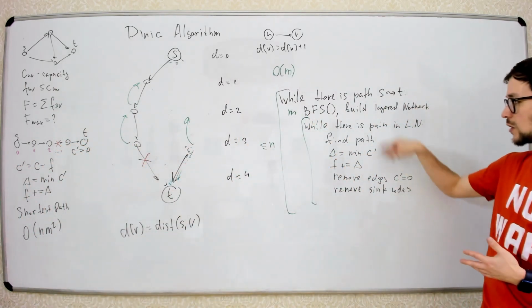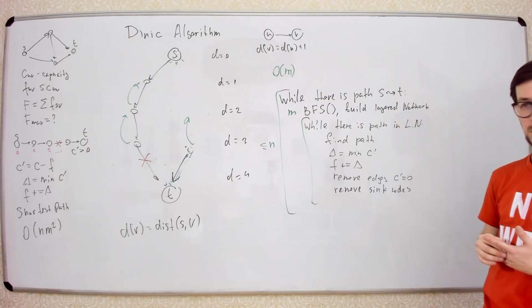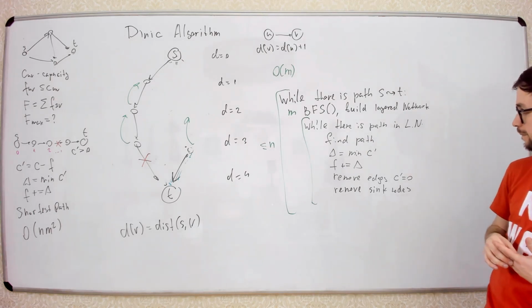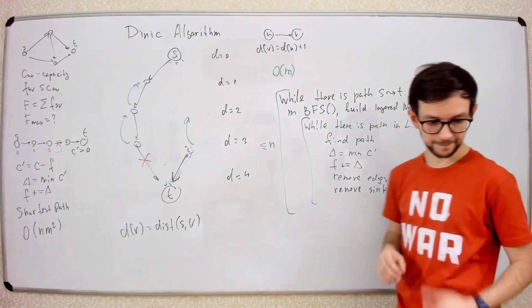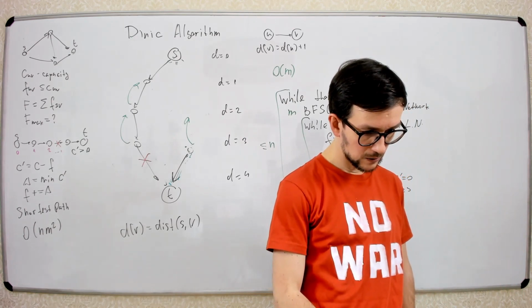How many times can we run this loop until there is no path from S to T? Anyone here?